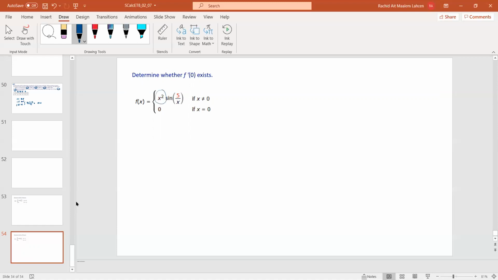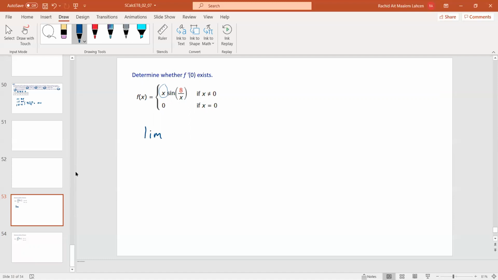But the difference is that in this one it is x squared, and in this one it is x. So if we look at this function here, we set up the limit, because we want to determine whether this exists or not.